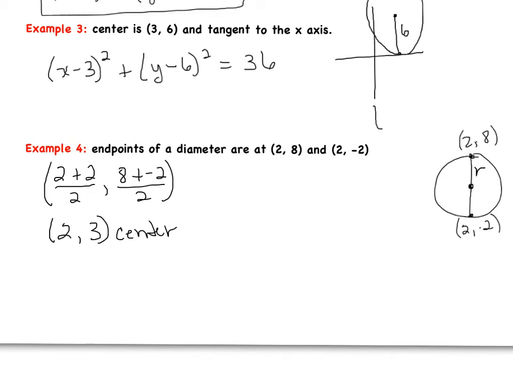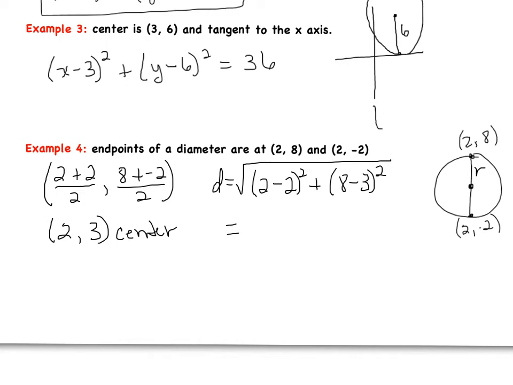So, to find the distance from our center to the point on the circle, remember the formula is distance equals the square root of x2 minus x1 quantity squared plus y2 minus y1 quantity squared.